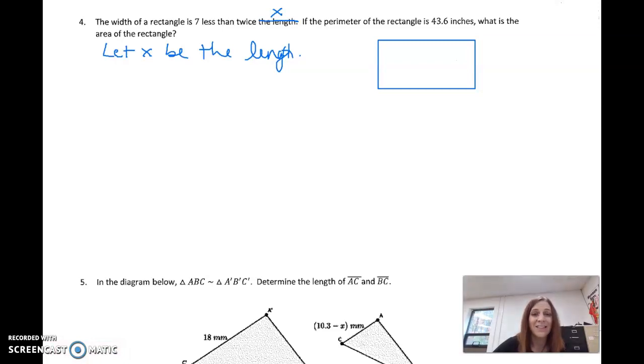We said let the length be x. So that's x, that's x. The width then is 7 less than twice x. Twice means 2 times, not to the second power, 2 times x. So 2 times x, that's 2 times length, and then less than is subtraction, but remember it's a turnaround word. We don't say 7 minus, we say 2x minus 7.